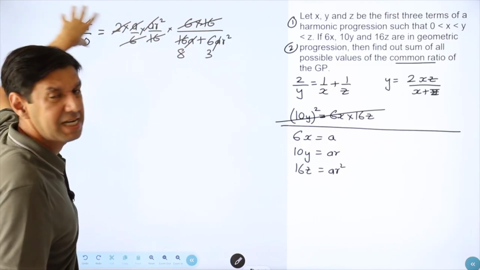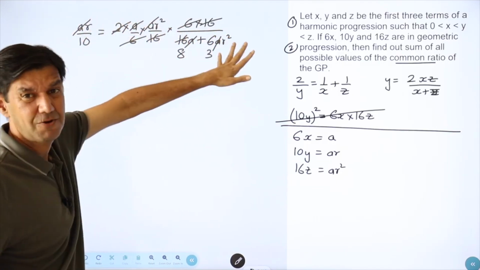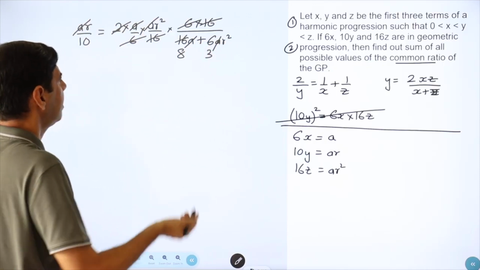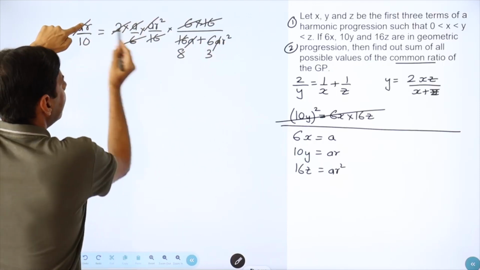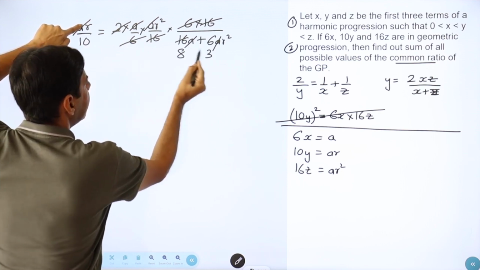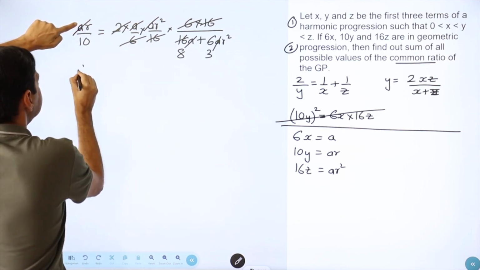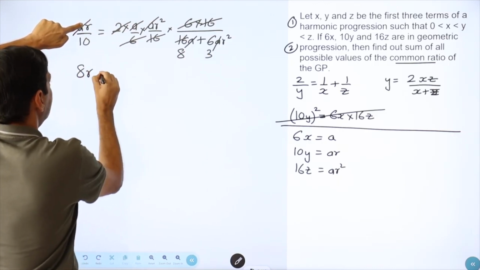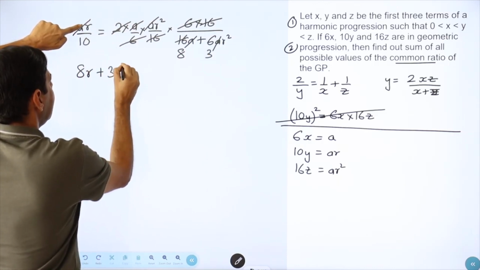So let's cross multiply. This might look very dirty for you because I know what numbers are moving where. You do your work and it should be okay. There's an r multiplied over here, and nothing left here, so that's 8r. R square into r is r cube, so 3r cube.